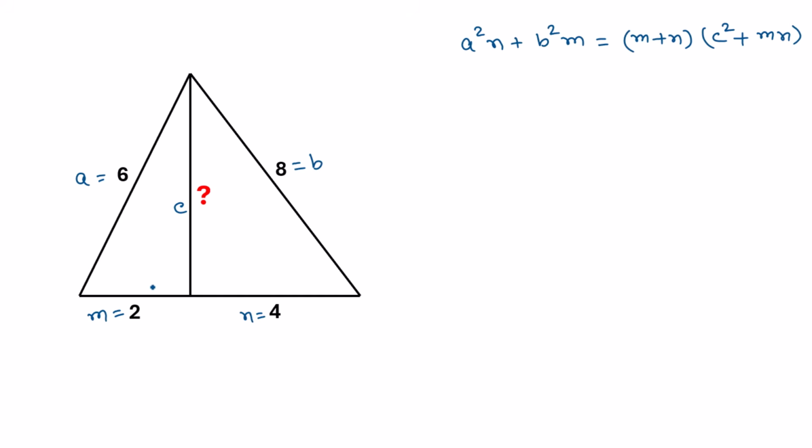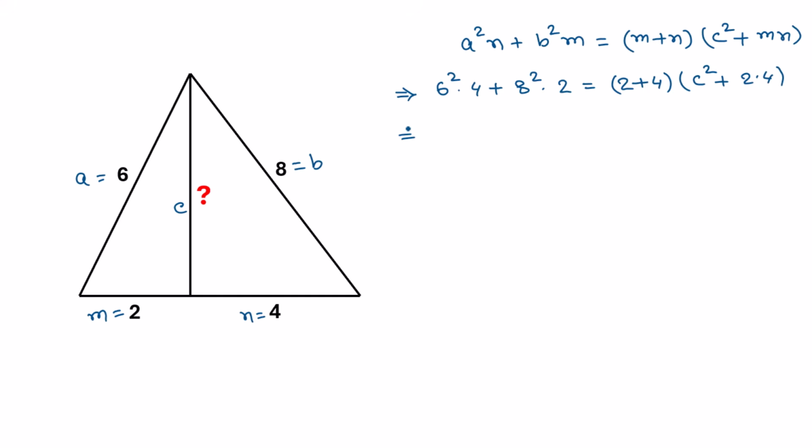Now, substituting the rest of the values, we can write: we have A square, this is 6, so 6 square times N, this is 4, plus B square is 8 square times M, that is 2, is equal to M plus N, that means 2 plus 4, times this C square, this unknown length, plus M times N. M is 2 and N is 4, so 2 times 4.